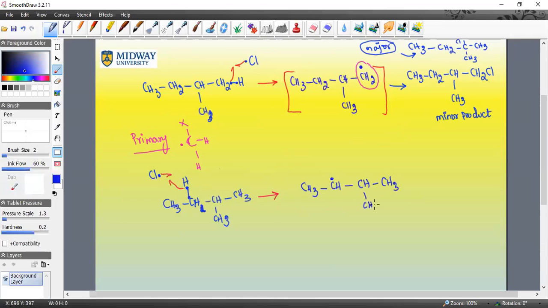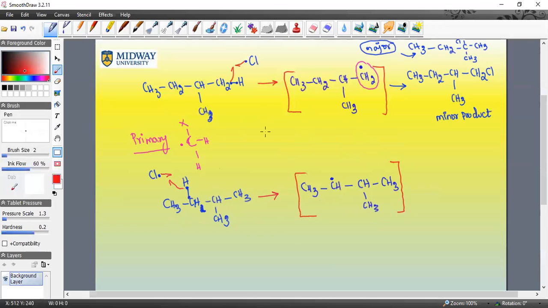Again, keep in mind, this right here is an intermediate. As I repeatedly said, while there is relative stability between free radicals, all free radicals are unstable and they like to get to a product as quickly as they are made.